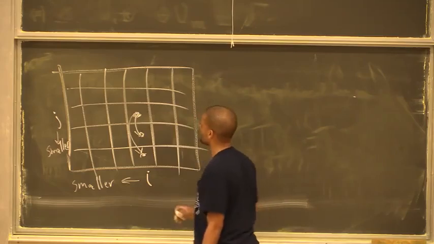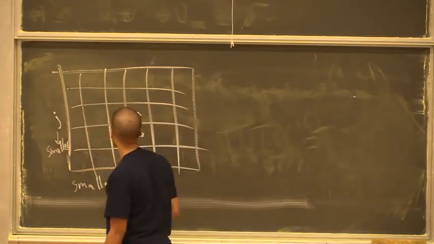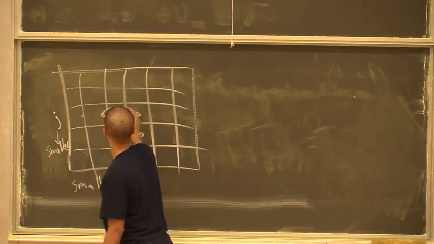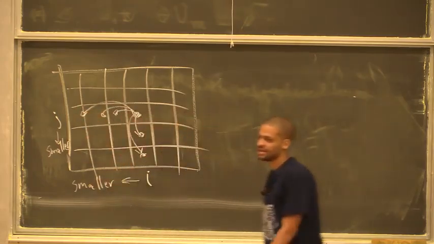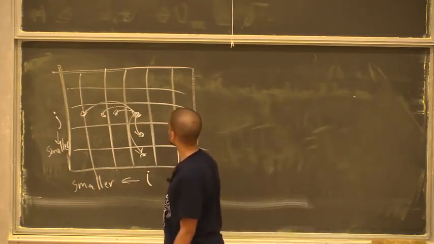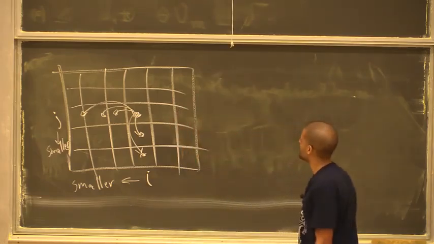And then it also depends on the intervals that end in j with a smaller i. So it also depends on all these. So you can't just keep track of one column or one row at a time.